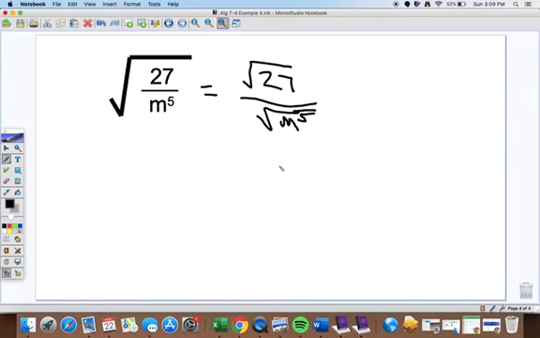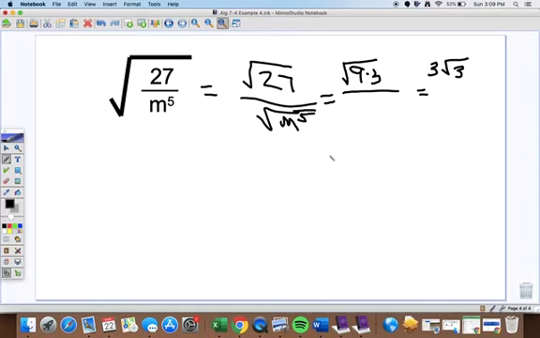All right, so I hope you wrestled with this a little bit because this is definitely different from what we just looked at. Hopefully you made the connection that the top you can simplify to 9 times 3, so that gives you 3 times the square root of 3 on the top.